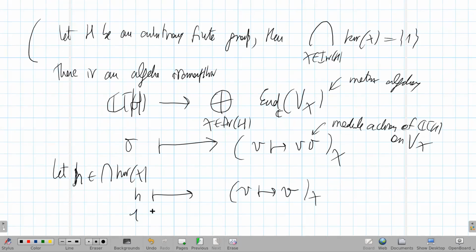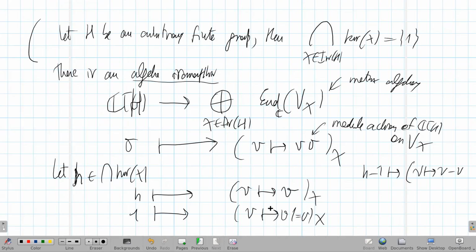But then the same holds for 1, because if you take the element 1, this sends V to V times 1, which is V. So this is an algebra isomorphism. If you consider H minus 1, V goes to V minus V, because you first act on V with H, which does nothing, and then you act with 1, which does nothing. So this is 0.